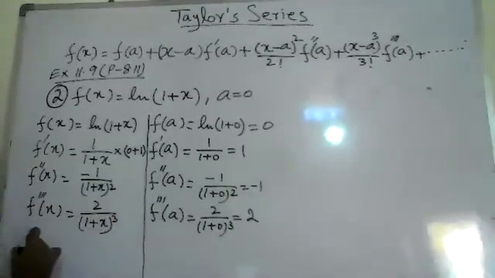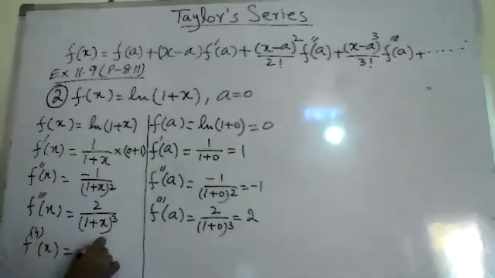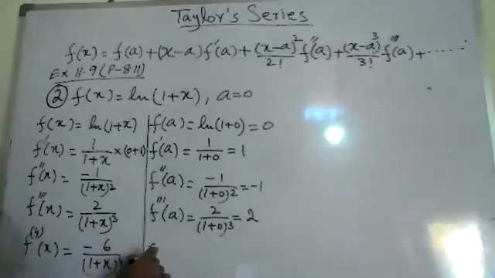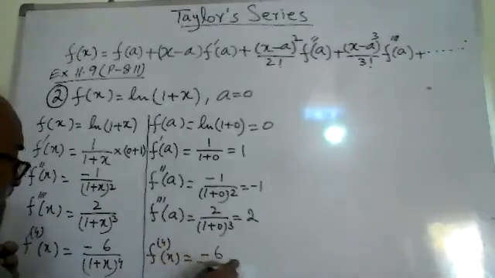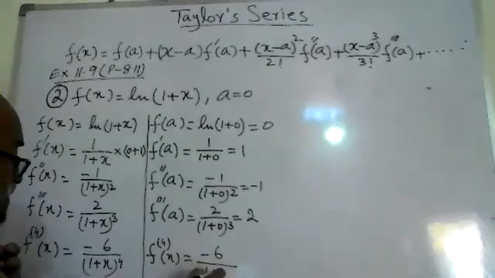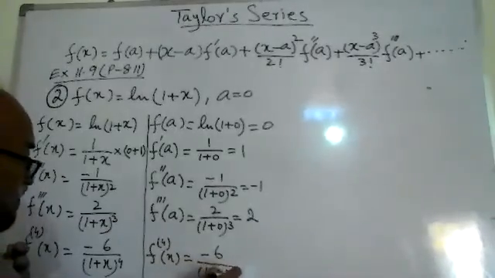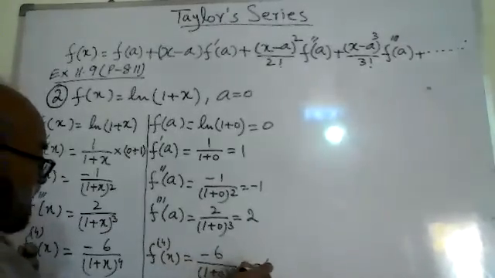In the same way, we may take the fourth derivative. This will become minus 6 upon 1 plus x raised to power 4. And f fourth derivative a is equal to minus 6 upon 1 plus 0 raised to power 4, which is equal to minus 6.